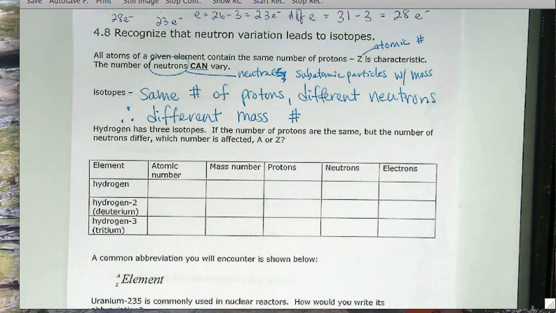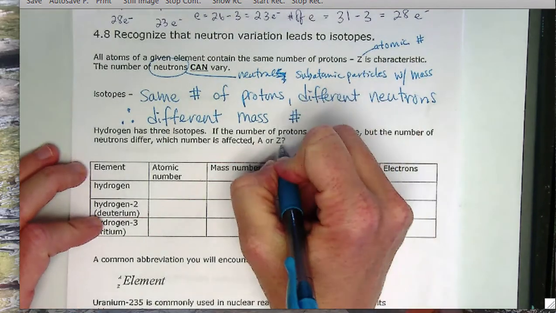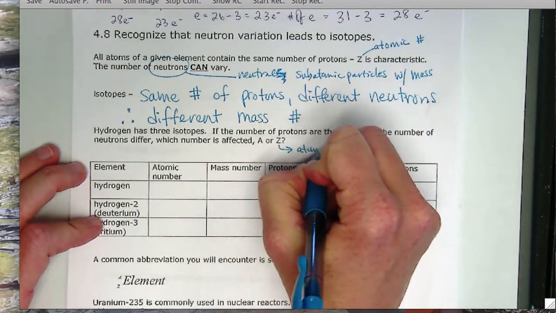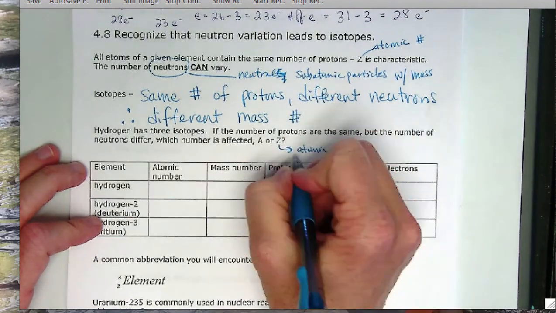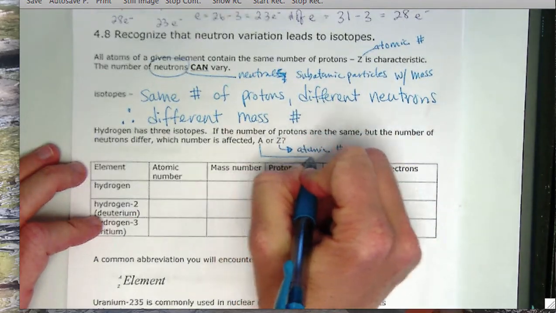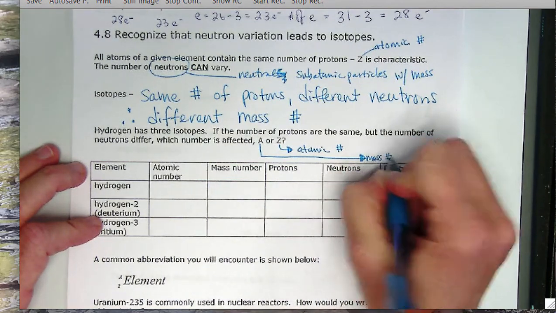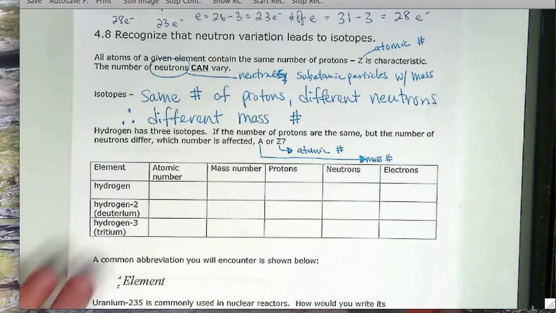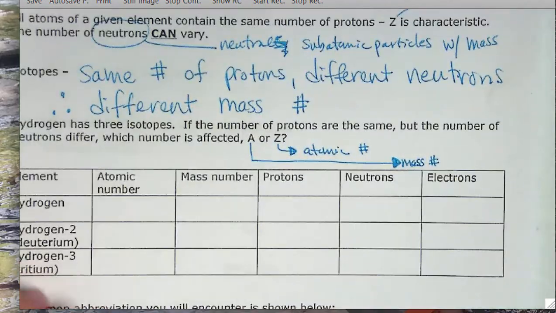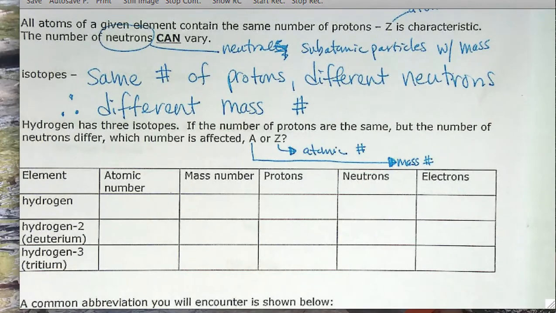Okay, so hydrogen has 3 isotopes. The number of protons are the same, the number of neutrons differ. Which number is affected, A or Z? All right, let me define these. So Z is atomic number. A is mass number. And then mass number is the number of protons plus the number of neutrons.